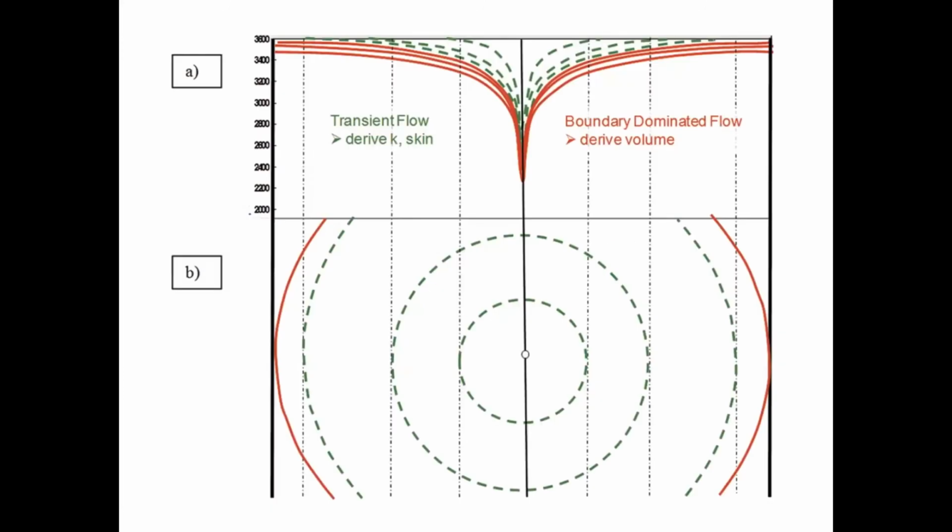So if you look at a top view of a well, this is the boundary of the reservoir. This is a diameter, and here is another diameter, and this one is closer. What will happen is that initially when you start flow, the pressure signal does not reach the boundary of the reservoir.